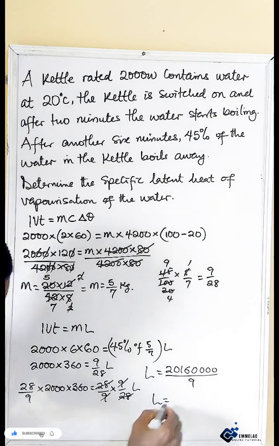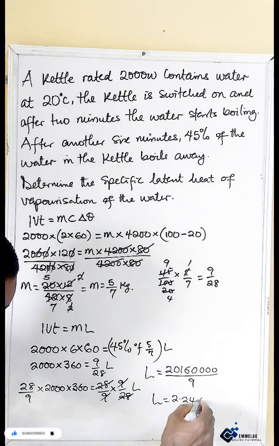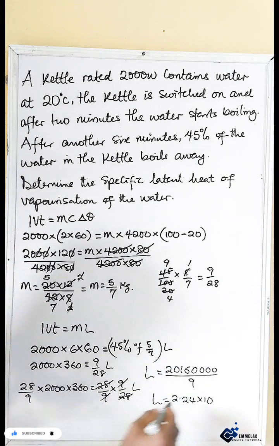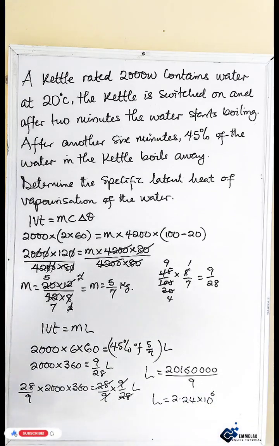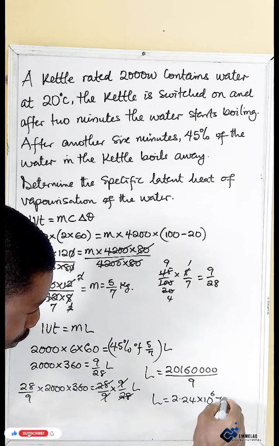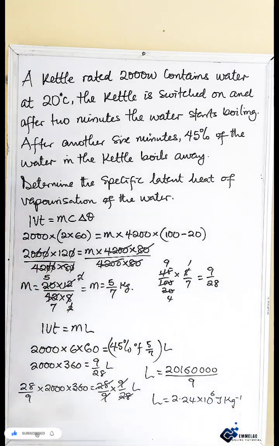So the latent heat here will be 2.24 times 10 raised to the power of 6 joules per kilogram. Alright, this is the final answer.